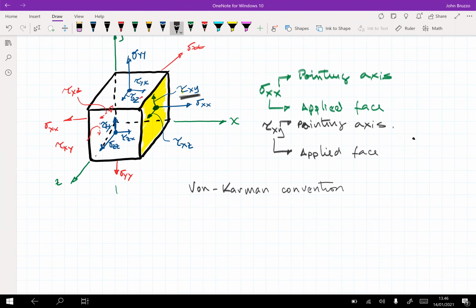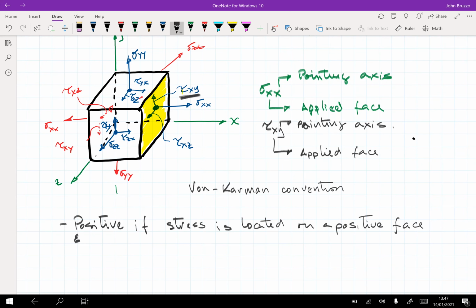Von-Karman says that a stress is positive if it is located on a positive phase and it is pointing in a positive direction.